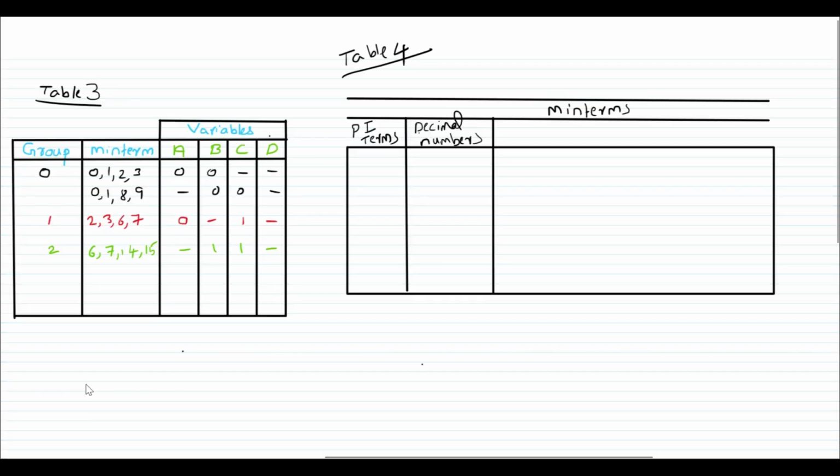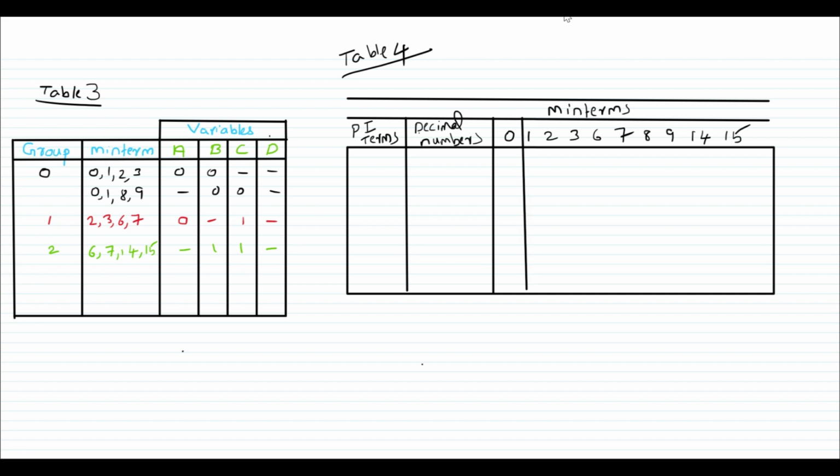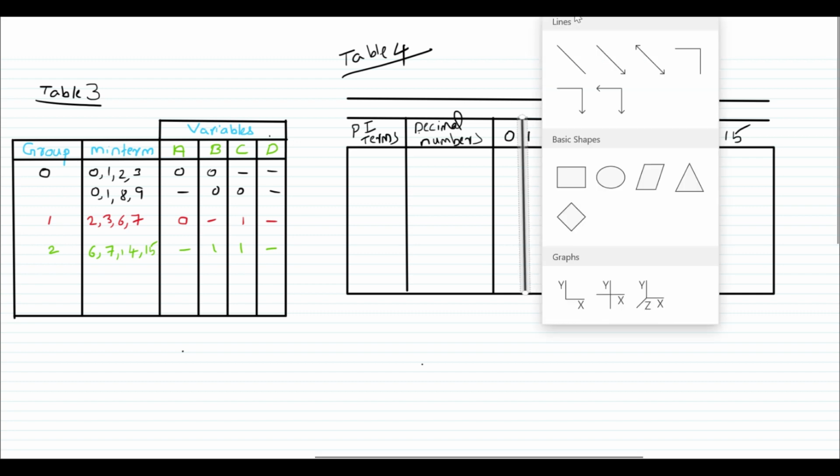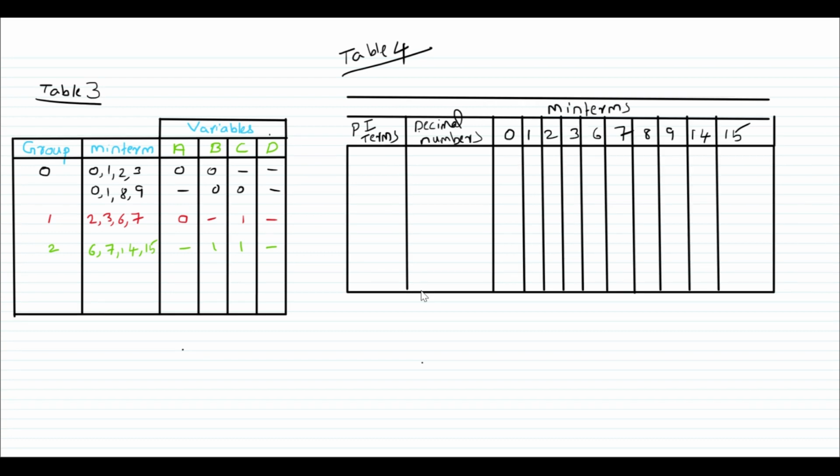If you write these minterms, this is 0, which is given in the question, 1, 2, 3, 6, 7, 8, 9, 14, and 15. We will separate it with columns for better understanding. Here is the table.